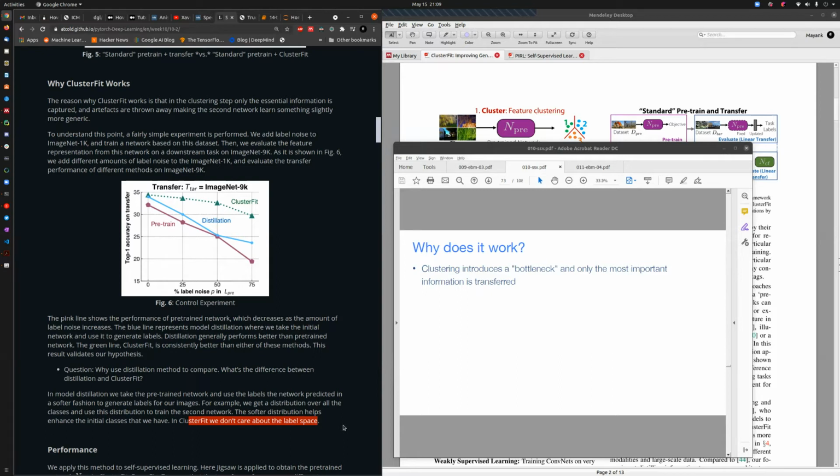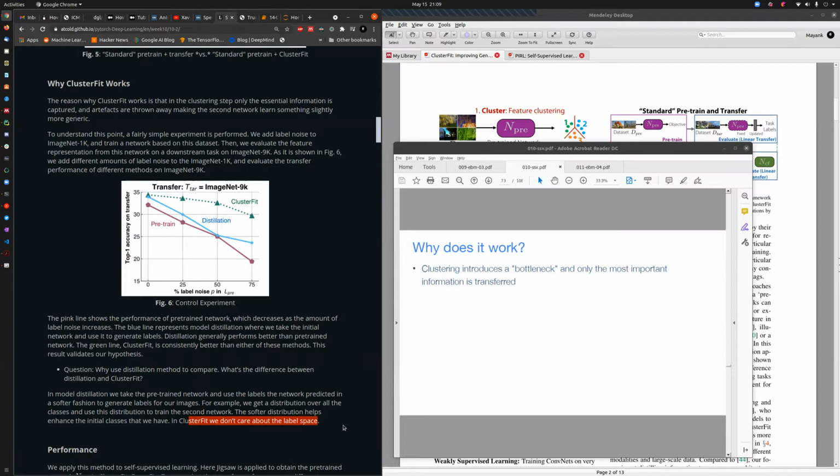unclear data, unclear labels. What does unclear mean? What unclear means here is they have some errors, and how do you fix those errors?